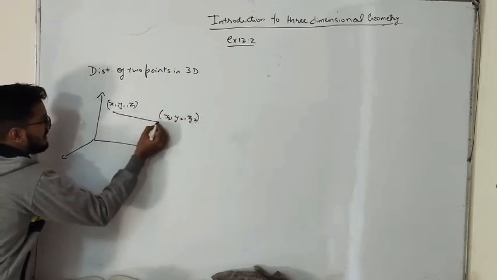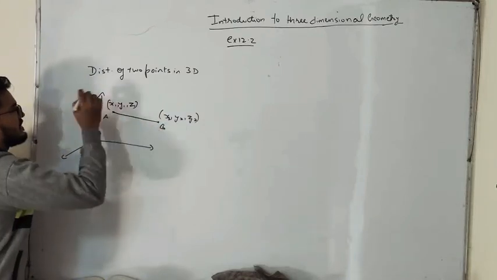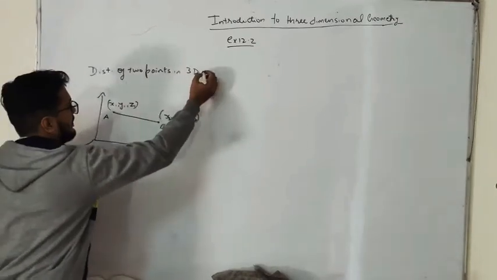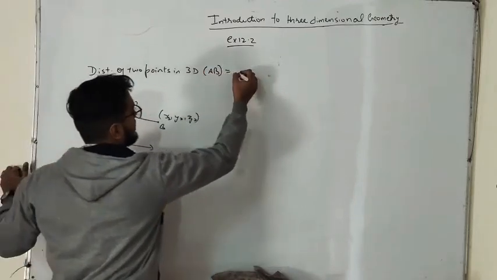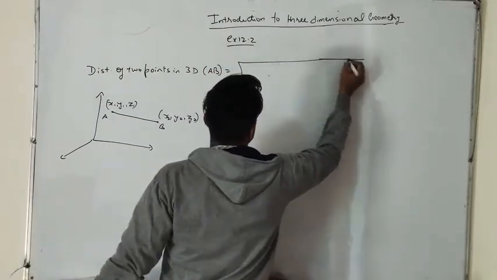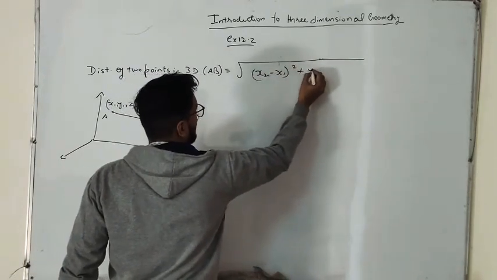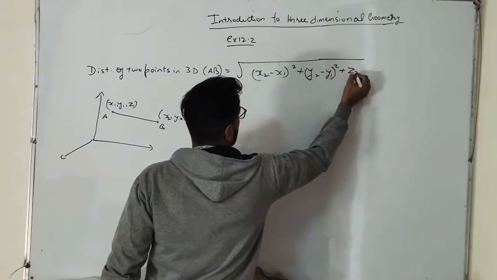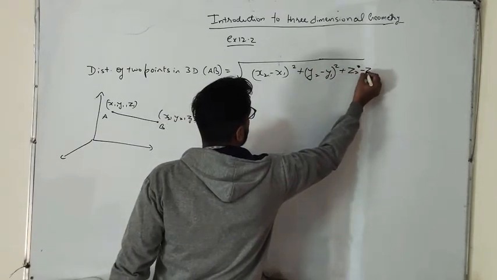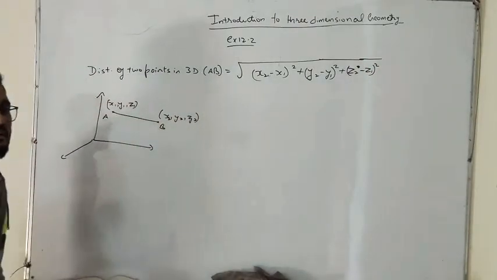If I join these 2 points, A and B, the distance AB will be equal to the square root of (x2 minus x1) whole square plus (y2 minus y1) whole square plus (z2 minus z1) whole square. So this will be the distance.